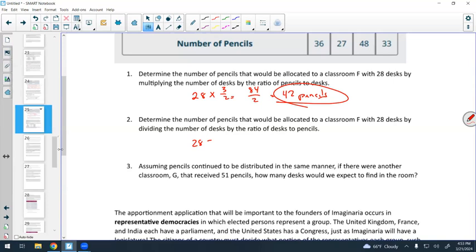Wait, we're dividing, so we are going to use the reciprocal, which would give us 42 pencils. Because if you recall from your early algebra, dividing by a fraction is the same as multiplying by the reciprocal.